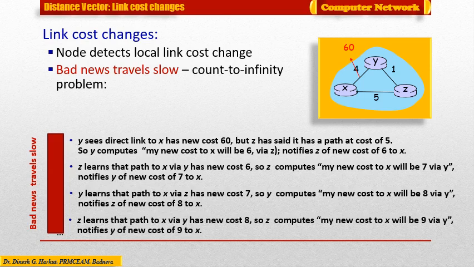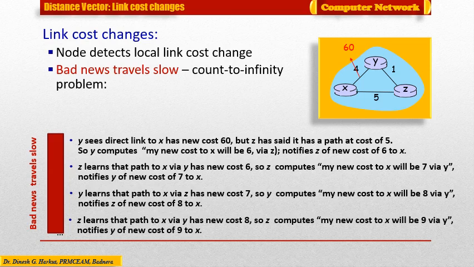Here the loop will persist for 44 iterations, message exchanges between Y and Z, until Z eventually computes the cost of its path via Y to be greater than 50.